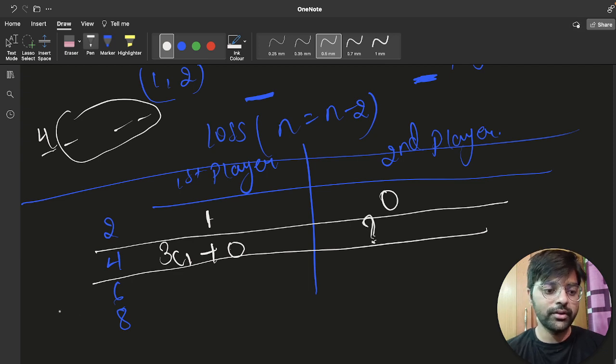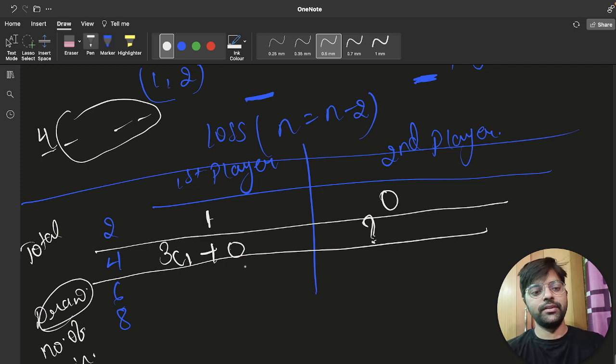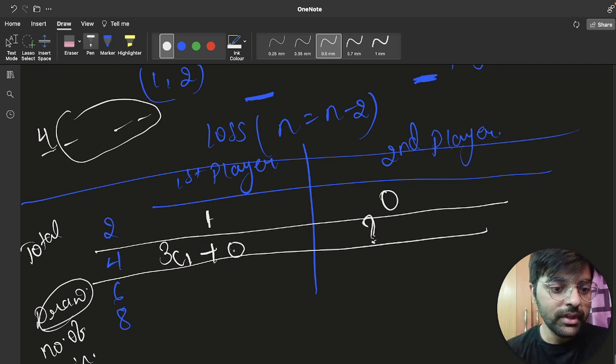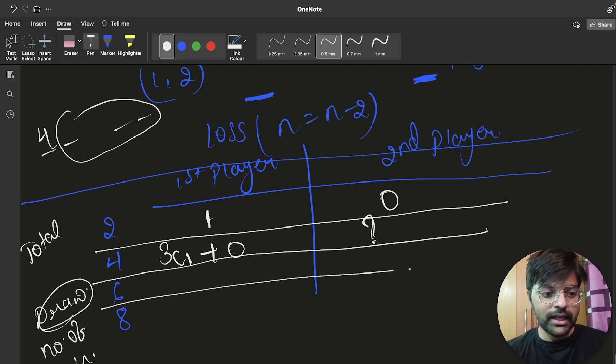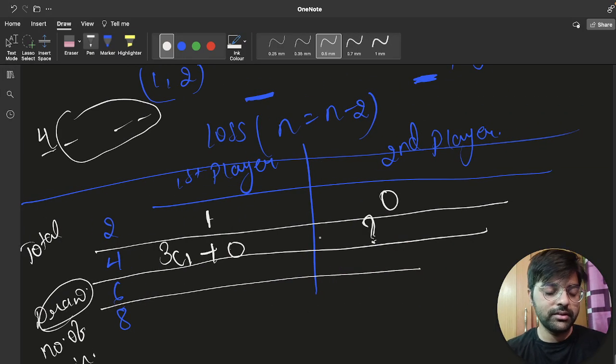Because we know the draw, the total possible cases, and the number of wins. So you can easily calculate the number of losses from here, right? Now you can see that 3C1 plus 0 will give 3, and this is 2. You will get 2 by calculating.